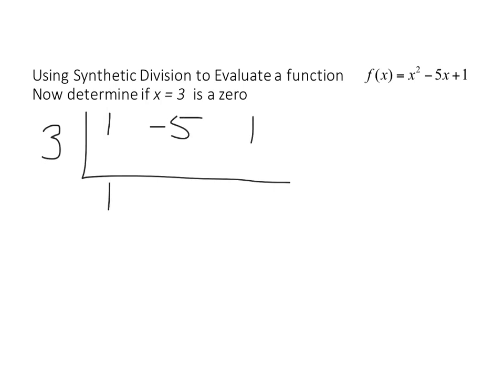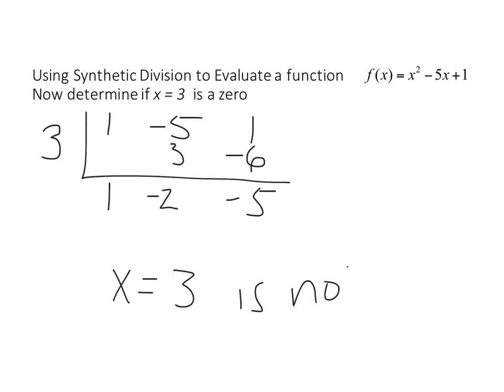So we bring the 1 down. 3 times 1 is 3. Add them vertically, so I have -2. 3 times -2 is -6. -6 plus 1 is -5. So the remainder is not 0, so that means that 3 is not a 0. So x equals 3 is not a 0.